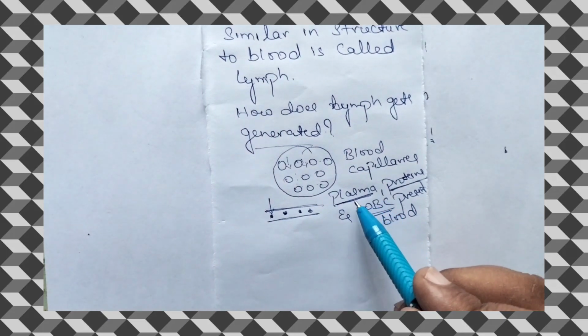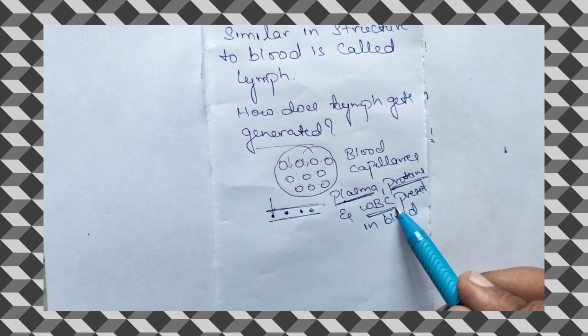So lymph contains plasma, proteins and WBC.